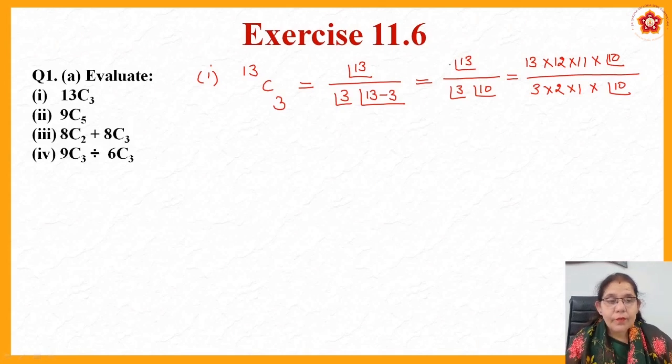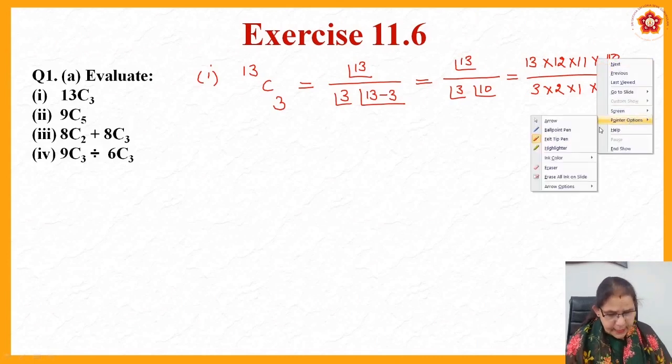We could have written factorial 13 as 13 into 12 into 11 into 10 into 9 into 8 and so on up to 1. And in the same way in the denominator we could have written factorial 10 as 10 into 9 into 8 into 7 so on up to 1. So there is no point writing that because factorial 10 in numerator and denominator can be cancelled. So we cancel factorial 10.